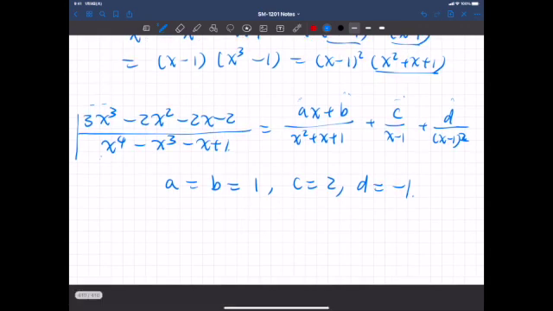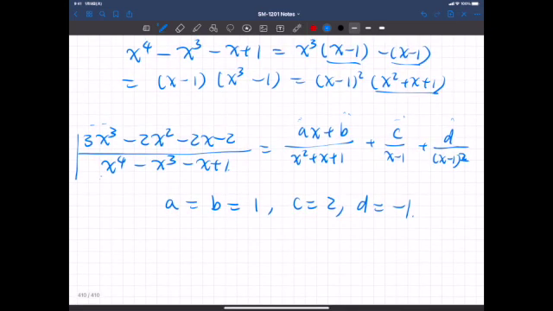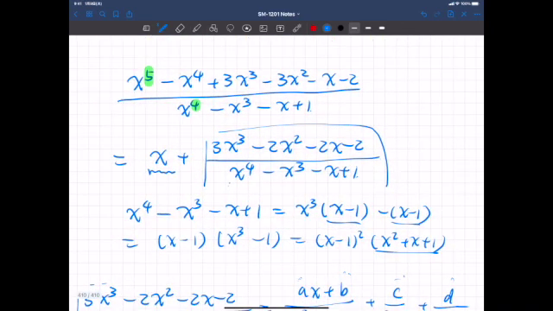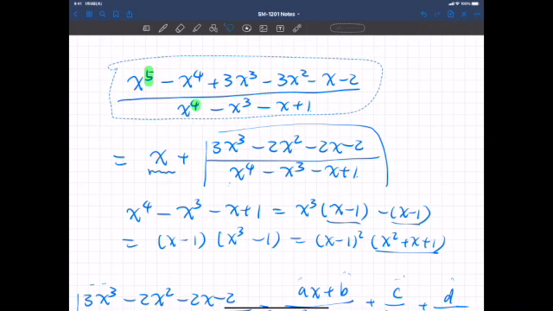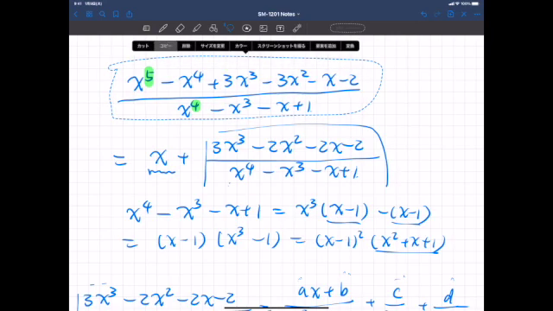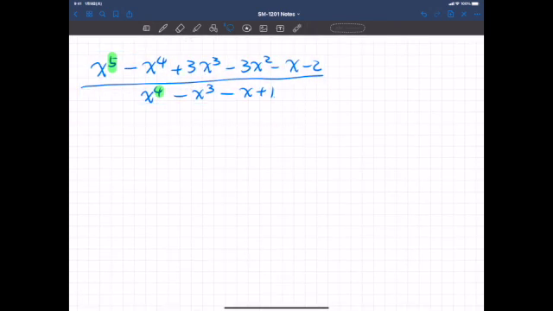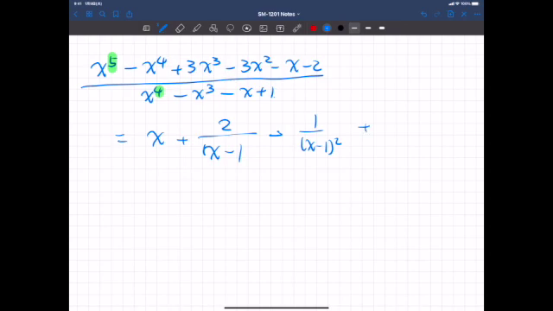So after all, we have the decomposition. So the given rational function, this one, can be decomposed into a polynomial, and the second form, x minus 1 squared, and the third form.